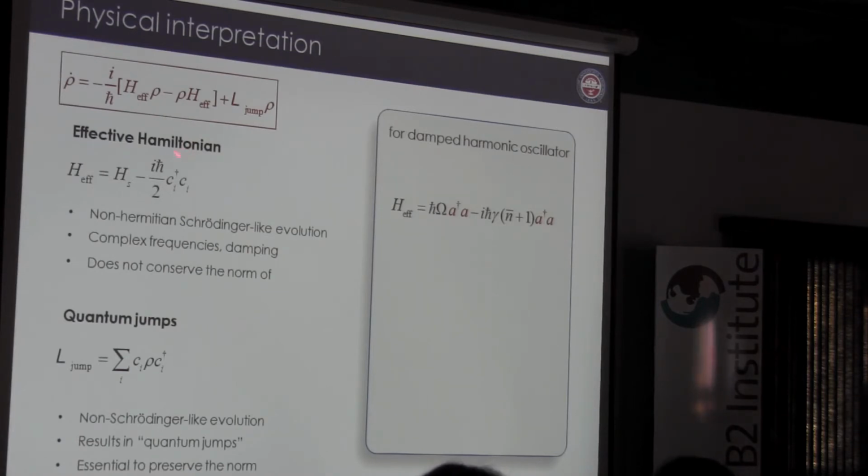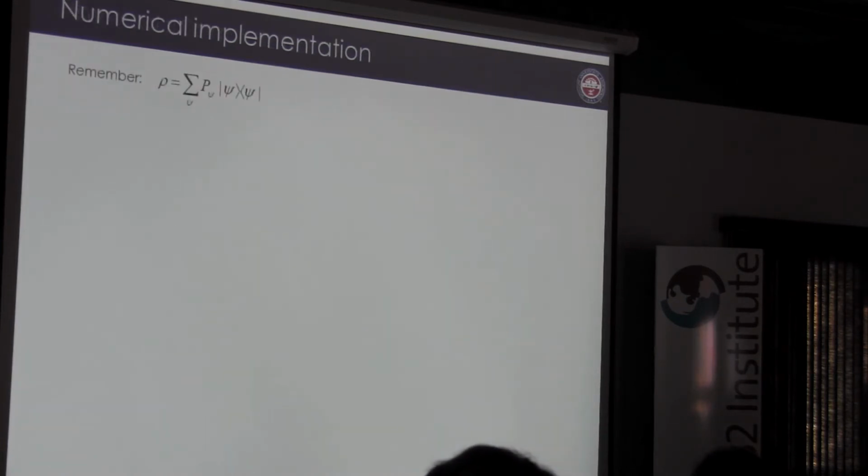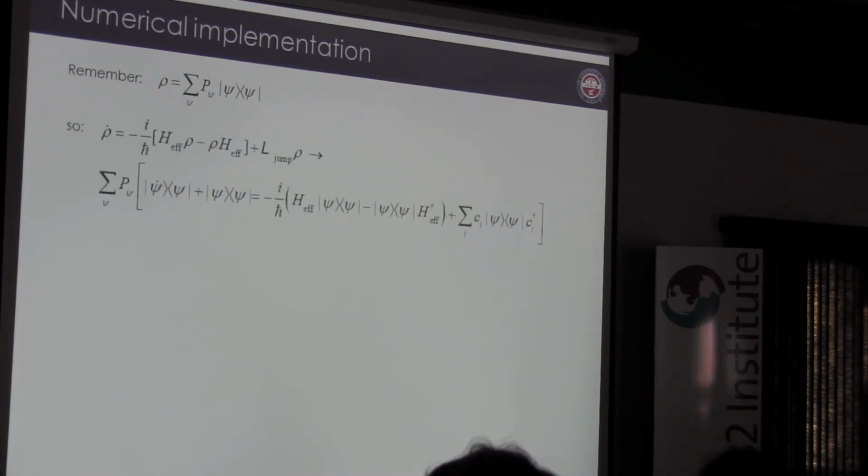So this non-Hermitian Hamiltonian removes the norm, and then you kick the system with a quantum jump, and that puts the norm back in.